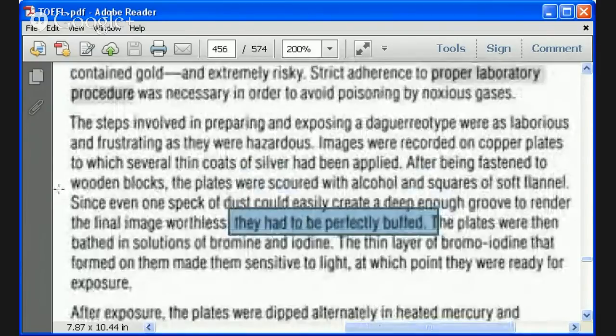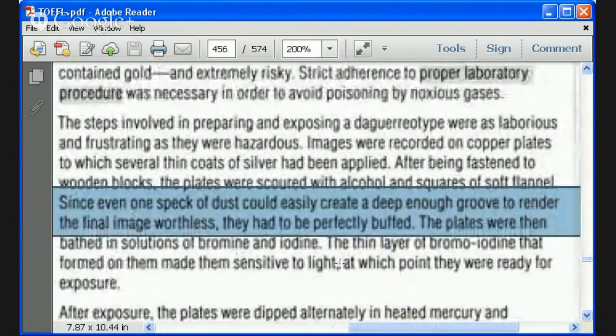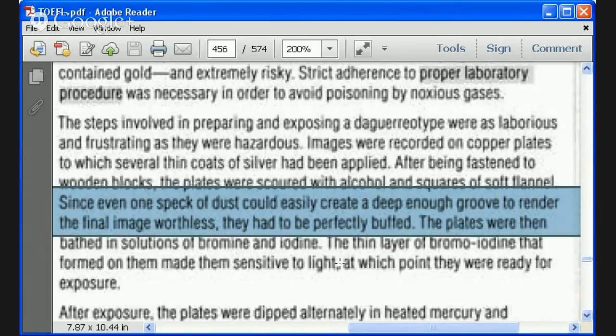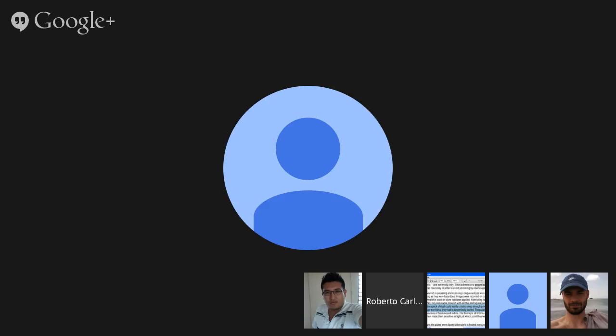So, Roberto, can you read this part? Okay. Since even one speck of dust could easily create a deep enough groove to render the final image wordless, they have to be perfectly buffed.